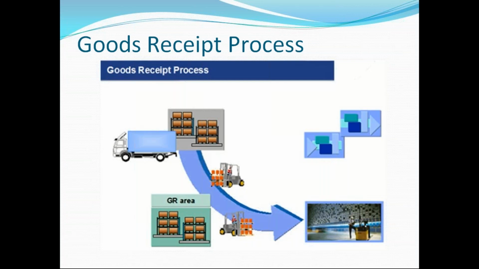In the physical process, the goods receipt happens using a truck, and the goods are stored in the goods receiving area, shown as the GR area. This is nothing but the interim area for goods receipt. The interim area basically links IM with WM.